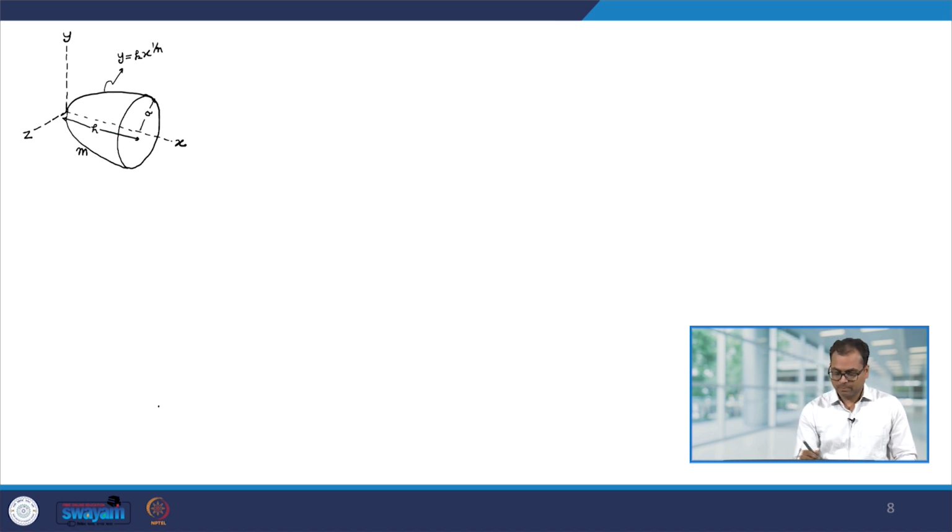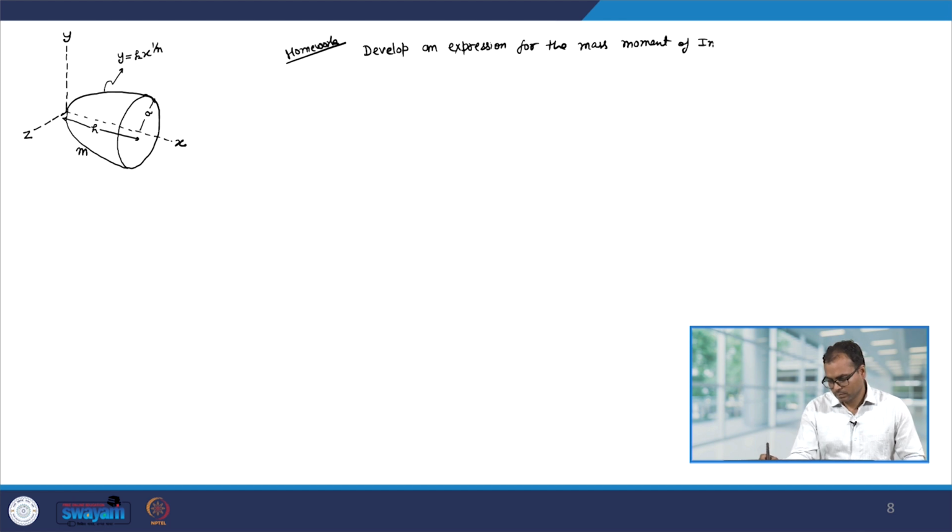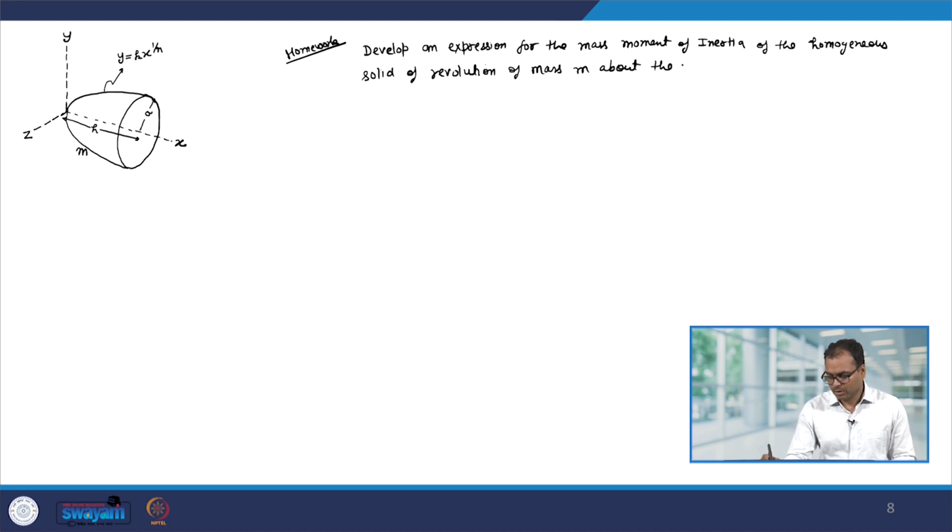Now, let me give you a homework problem. And the statement is following: develop an expression for the mass moment of inertia of the homogeneous solid of revolution of mass m about the x axis, and the equation is given.